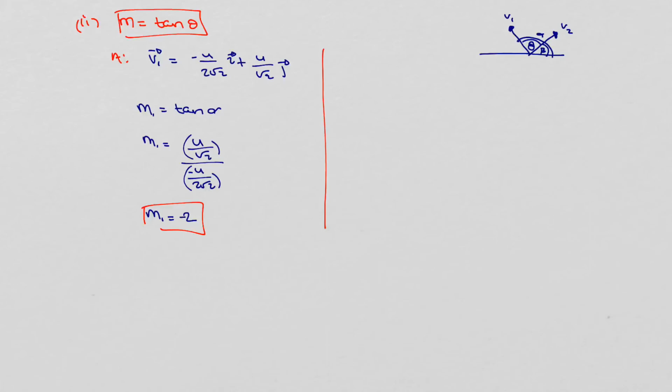And then if we do the same for B, well, B has u over 2 root 2 i plus u over root 2 j. So then that would give us tan beta. So therefore we have u, our j vector, over our i vector.